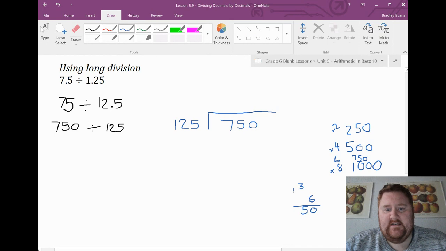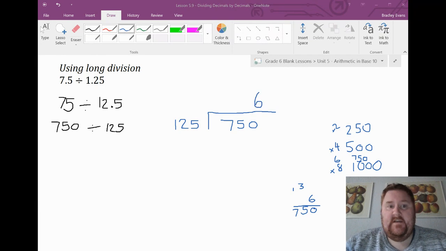Carry the 1. 6 times 1. Aha! 750 divided by 125 is 6. Therefore, because that was an equivalent expression, 7.5 divided by 1.25 also equals 6.